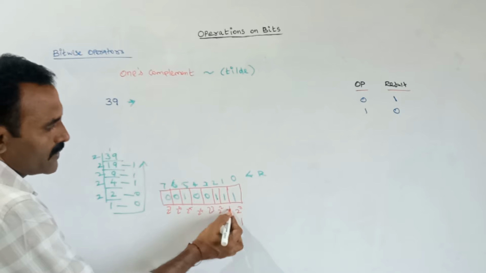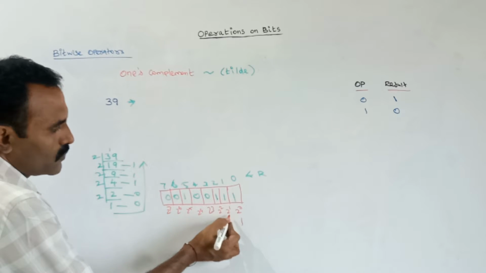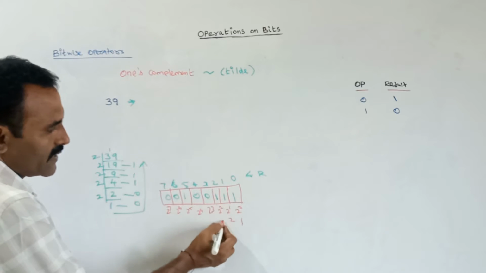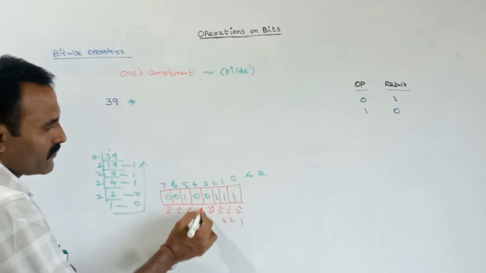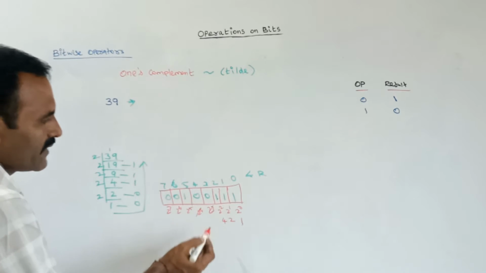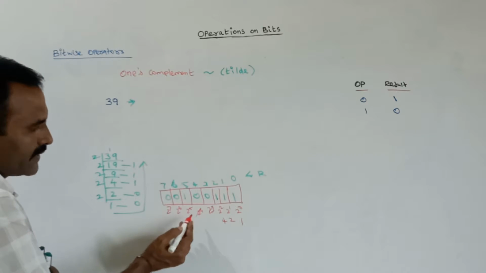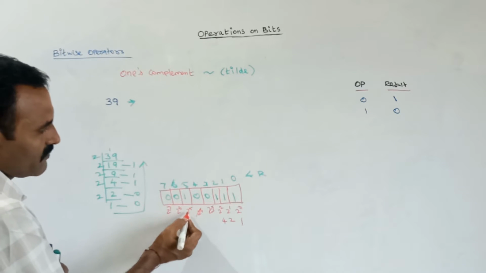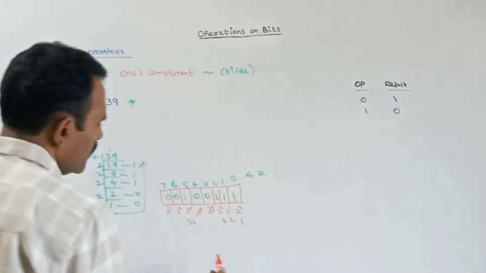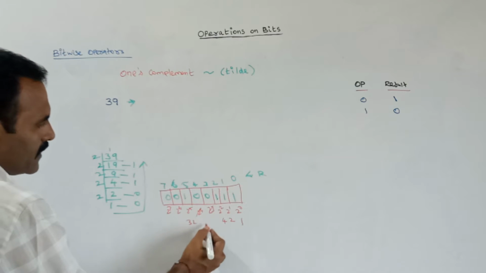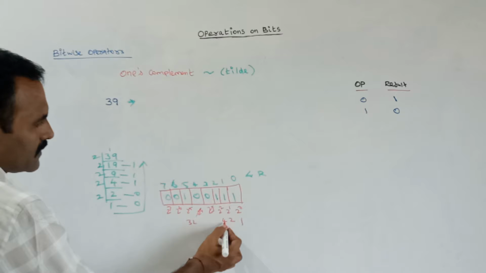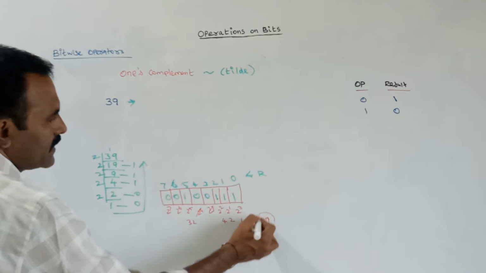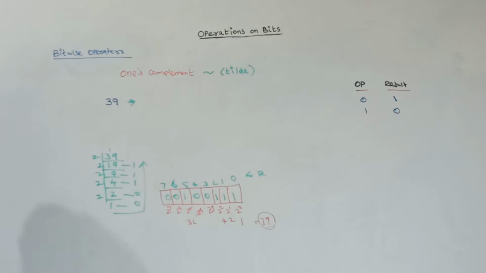Here 2 to the power 1 is 2, so 2 into the bit value 1 is 2. In the same way here 4. Here we need not find the others, because anything multiplied with 0 is 0. Let us come to 2 to the power 5, which is 32. Now we add: 32 plus 4 is 36, 36 plus 2 is 38, plus 1 is 39. We get this decimal value.